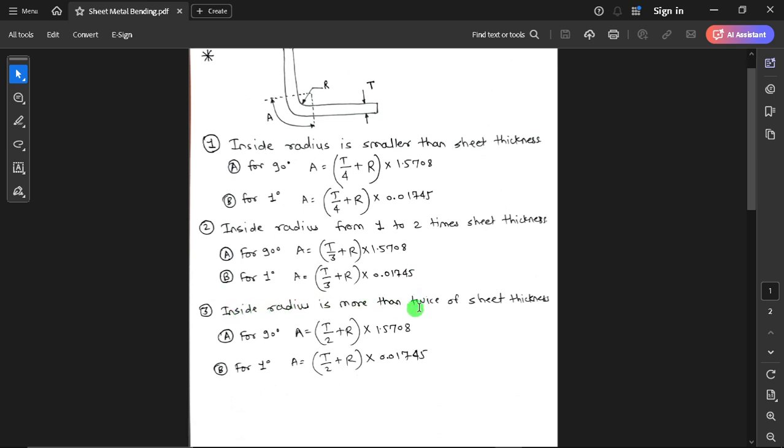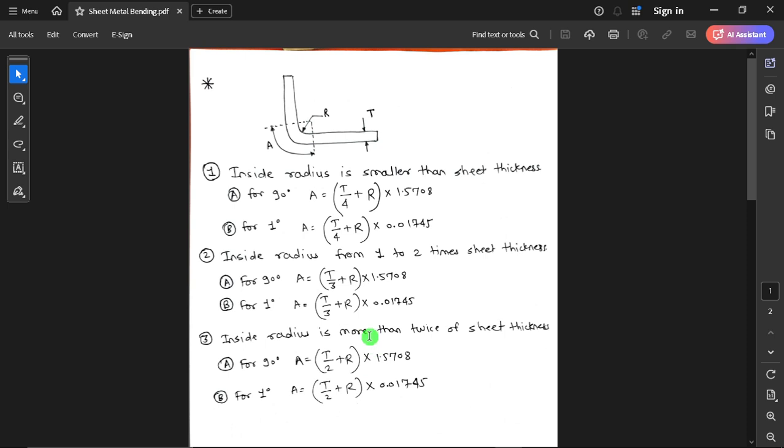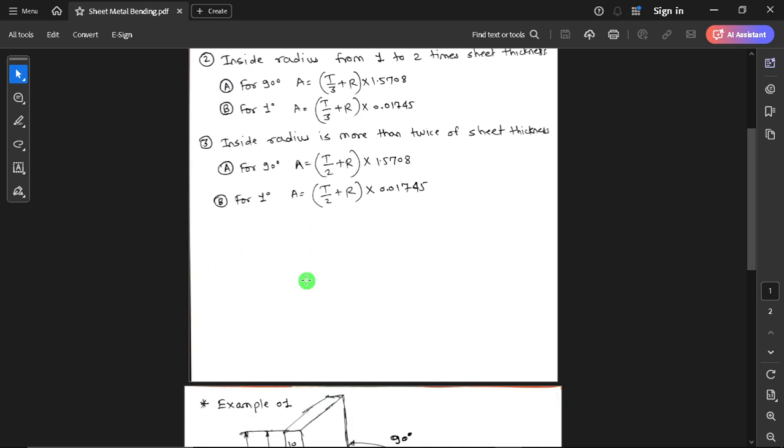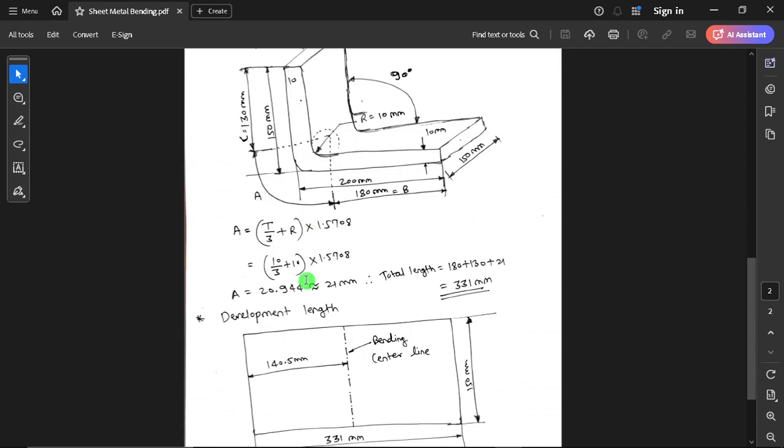If the inside radius is more than twice the sheet thickness, for a 90-degree bend, thickness by 2 plus inside radius into 1.5708, and for a 1 degree bend, meaning other than 90 degrees, t by 2 plus r into 0.01745. These formulas are validated and used in most cases. So whenever you have to calculate the development length, use these formulas, get the development length and do your processes.